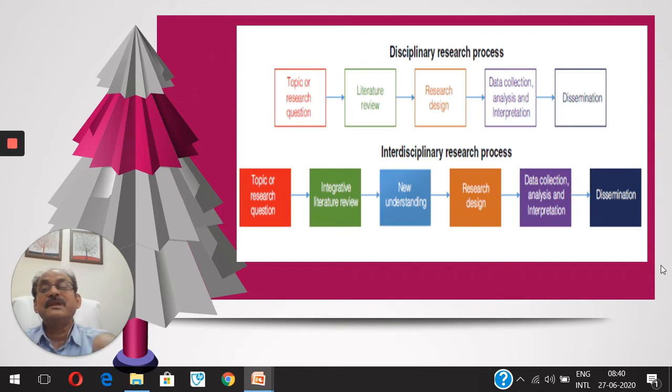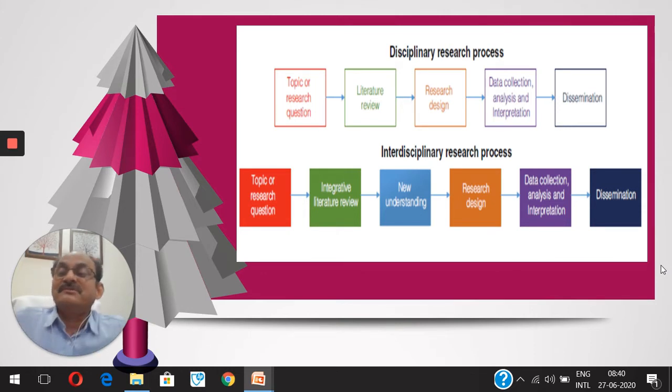But in place of the literature review, here is the integrative literature review. It is not the plain literature review, because a literature review in the same discipline is different. If you jump to interdisciplinary, then it is the integrative literature review.